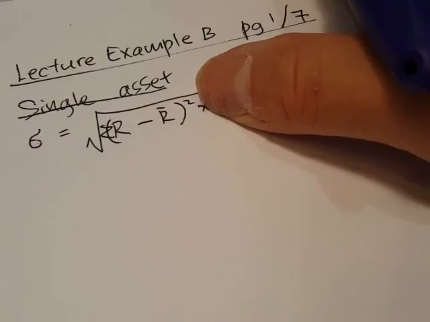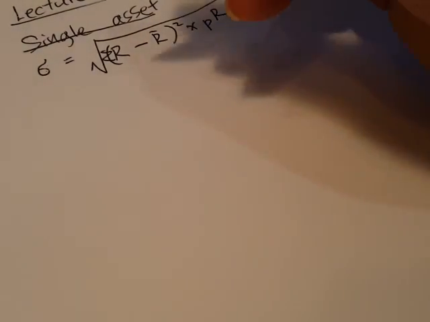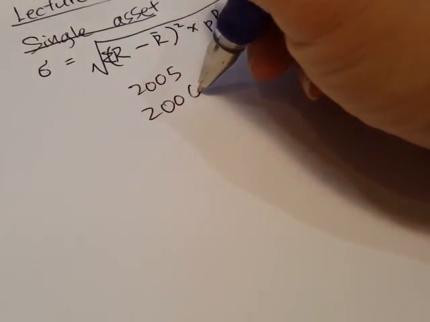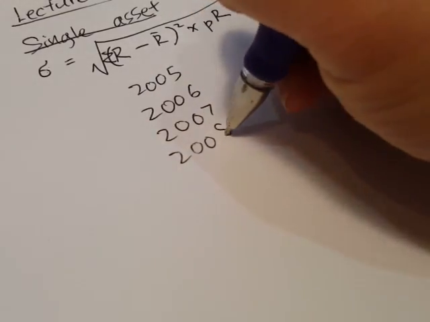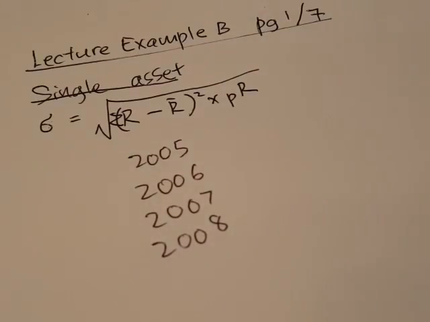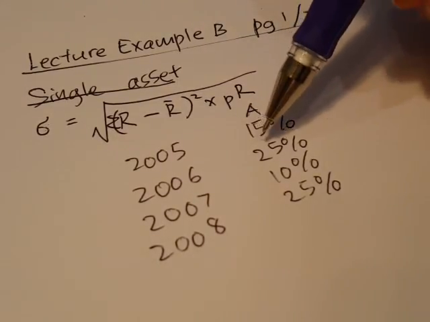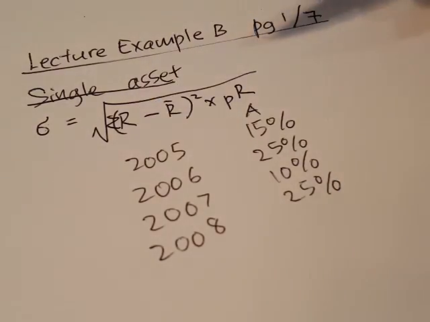Now, they give you 2005, 2006, 2007, 2008, and the return for A. So this formula, return for A is given to you in percentage. This is the return we're talking about.